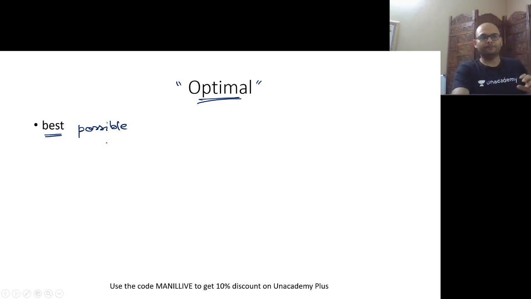So, for example, let's forget possible as well. Let's just simply go with the definition best. Now, let's say you're sitting in a room and it is very, very hot. Summer is just around the corner now. It is very, very hot, and you turn on the AC. Now, let's say you set the temperature to 18 degrees Celsius.